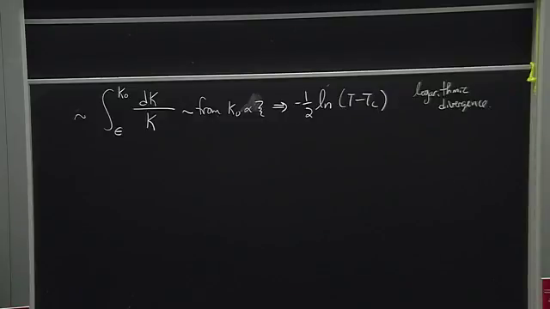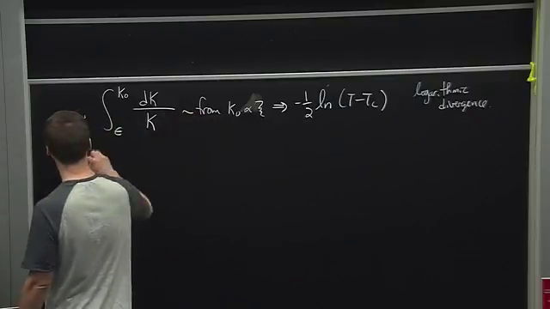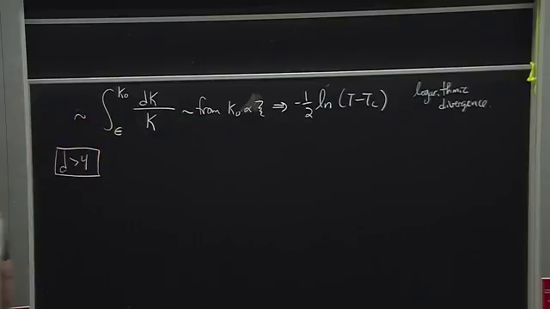So let's look at d greater than 4. Right, so now there's no issue with this because it's like 1 over the correlation length.